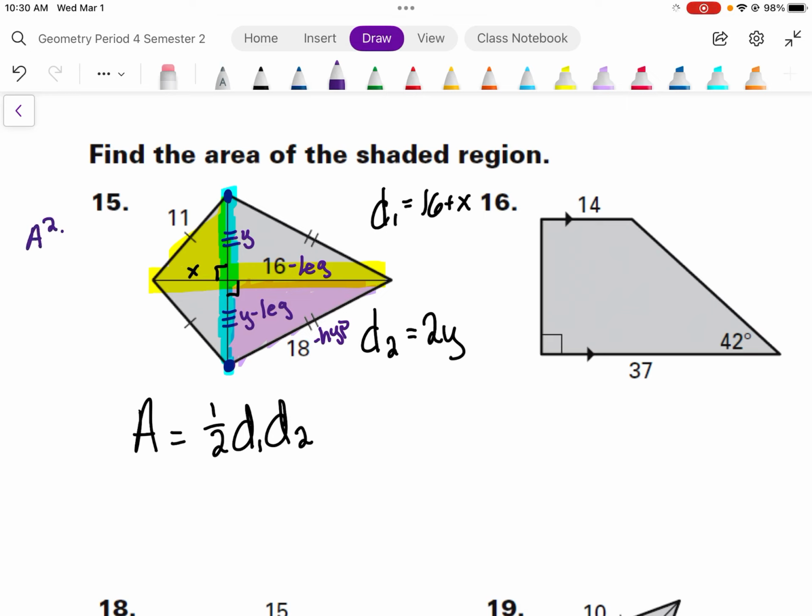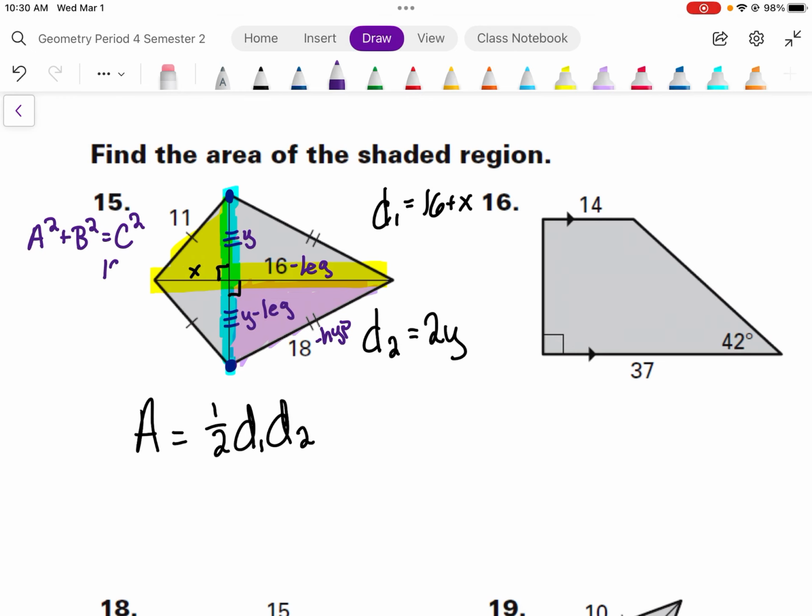And Pythagorean theorem, remember, is a squared plus b squared equals c squared. And we know c is the hypotenuse, so that's 18 squared. And then we're going to have y squared plus 16 squared. So that is how we are going to set up the equation to solve for y.